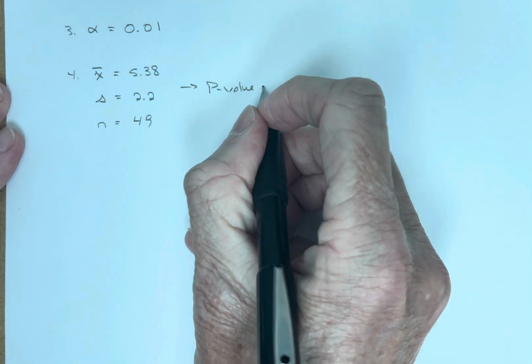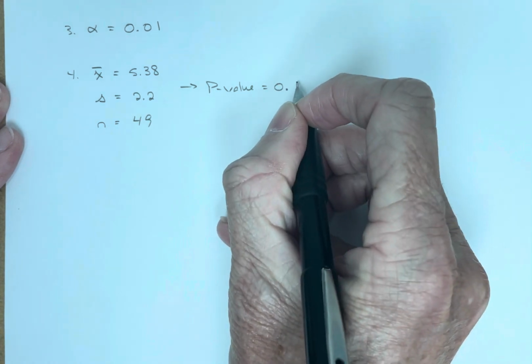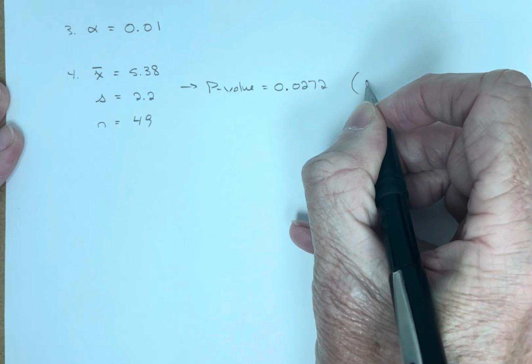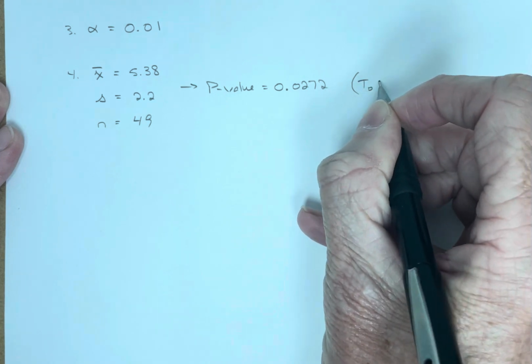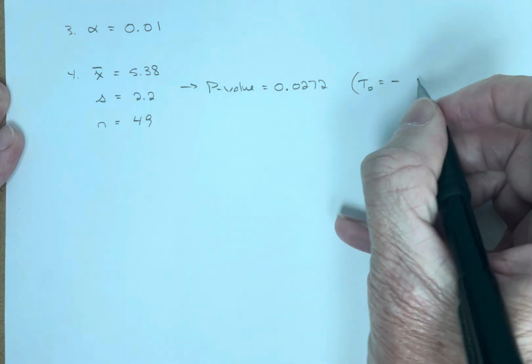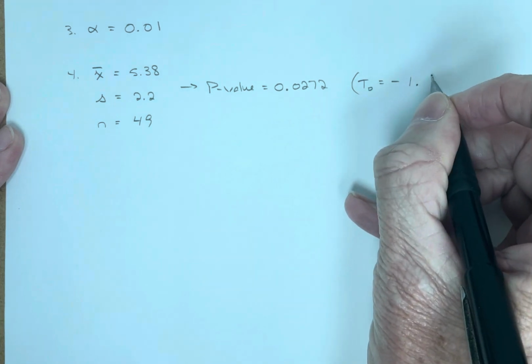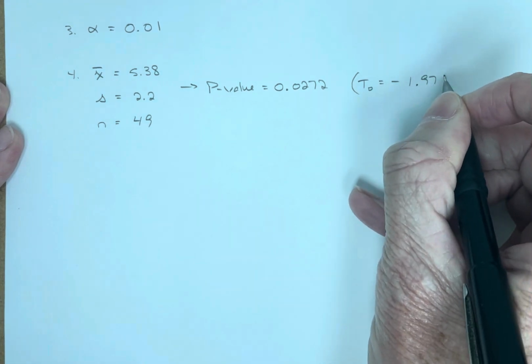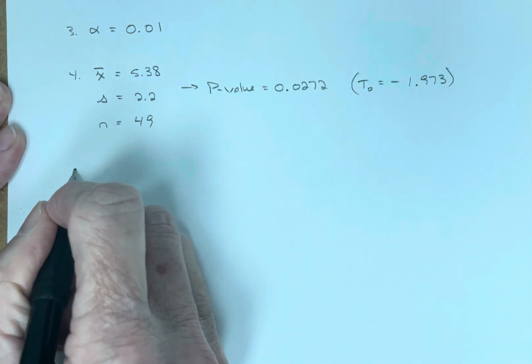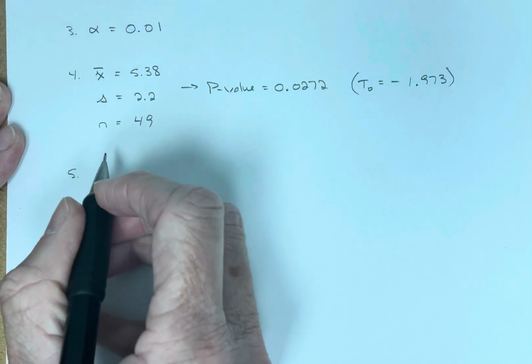And we're going to say, all right, we got a p-value equal to 0.0272. And we want to note our t-stat can also be written as t sub 0, negative 1.973, to the thousandth.